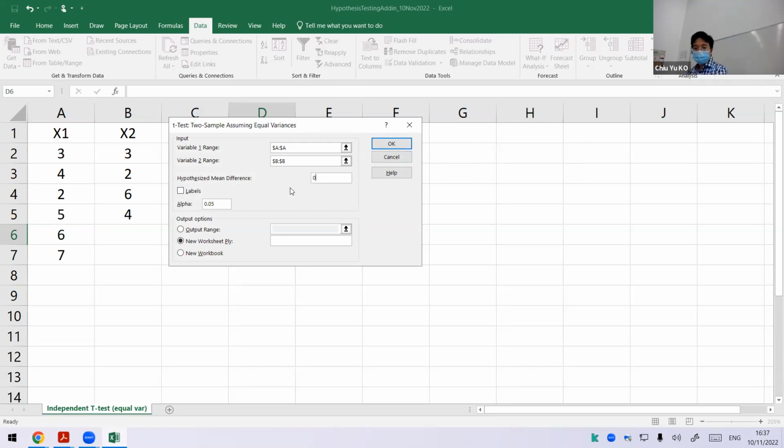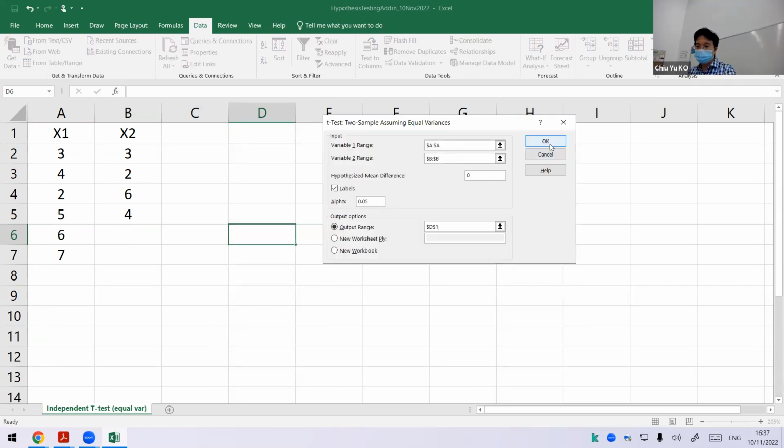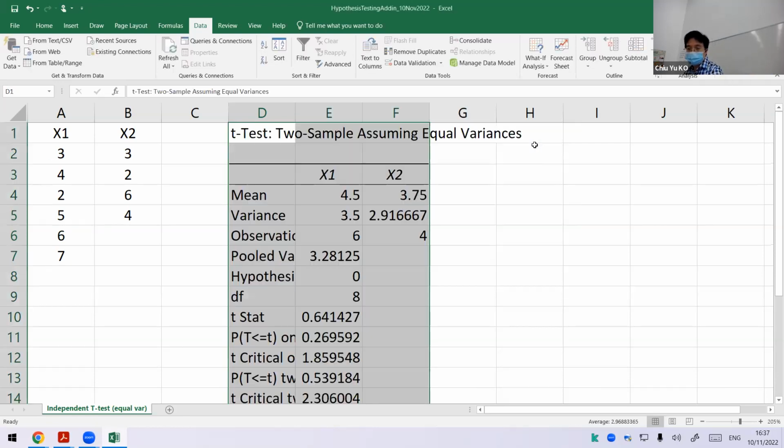Labels is checked because we include the first row of labels. Alpha is 95%, so 0.05 alpha, which is a standard thing we do. Output just decides where the results go. Just put them next to the data. Once we're done, we just tell them column A and column B, and the difference, and put the label there, and then we're done. It's very simple. Just click OK.